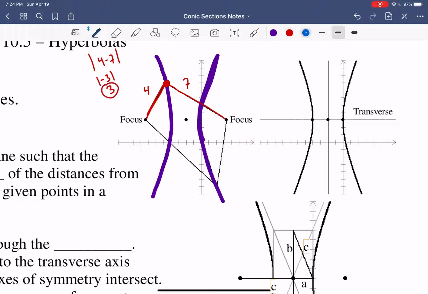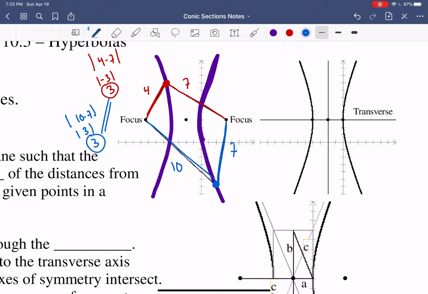That means if we now find, here's a second point, just random, and we find these distances, let's say this is 7, and this is 10. Again, we do the absolute value of 10 minus 7. The absolute value of 3 is 3. And they match, right? That's how we can form the shape.